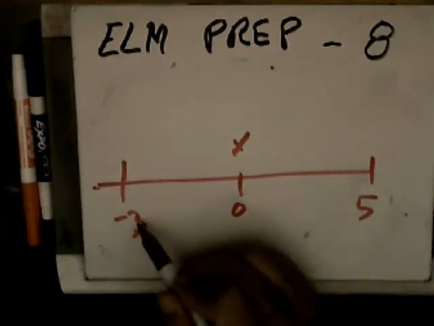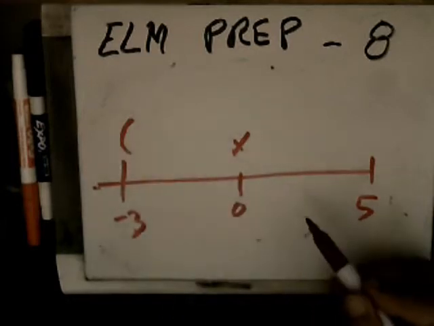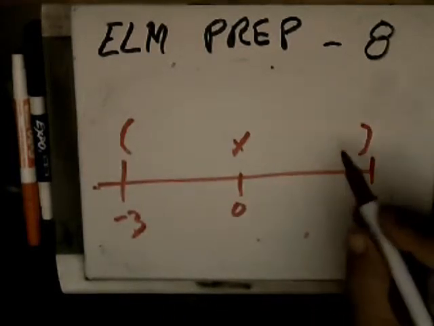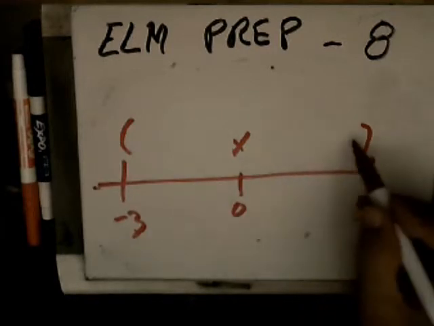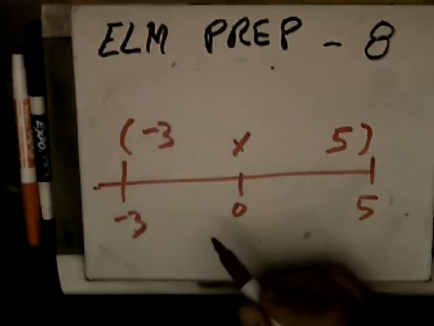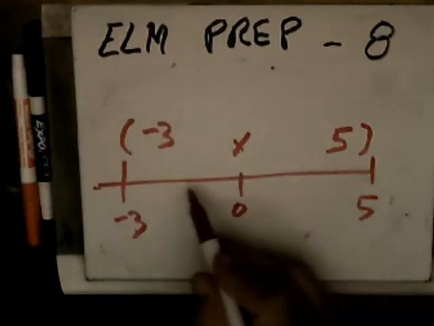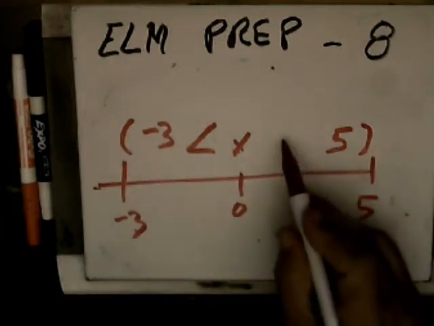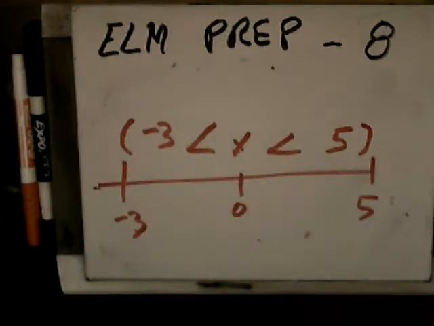Well, I didn't say it equaled that value, so it goes up to but not including that, and up to but not including that. So then I say, well, x is between minus 3 and 5. Well, if x is up in this region, it's greater than that value, but it's less than that value.